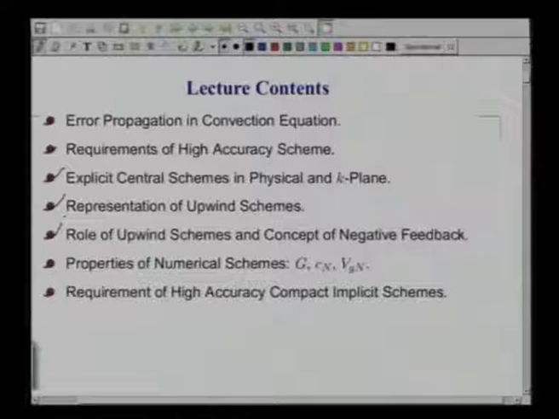The next job in our view would be to really obtain the properties of numerical schemes, and in talking about the properties, we will be talking about the same three quantities that we talked about in the earlier lecture.